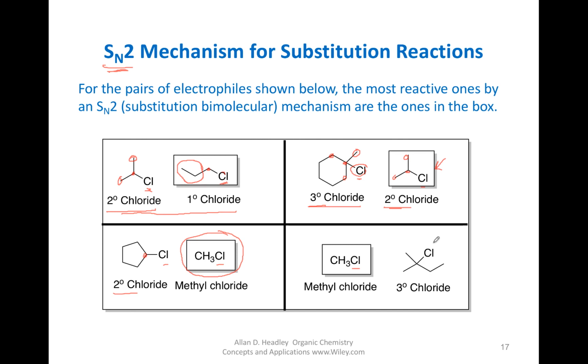Lastly, this chloride is a tertiary chloride because this carbon that contains the halogen is bonded to 1, 2, and 3 alkyl groups. This carbon that contains the leaving group here is bonded to 3 hydrogens and no carbon. It's a methyl chloride, so therefore more reactive. So when you start doing reactivity by the SN2 mechanism, remember the order of reactivity.